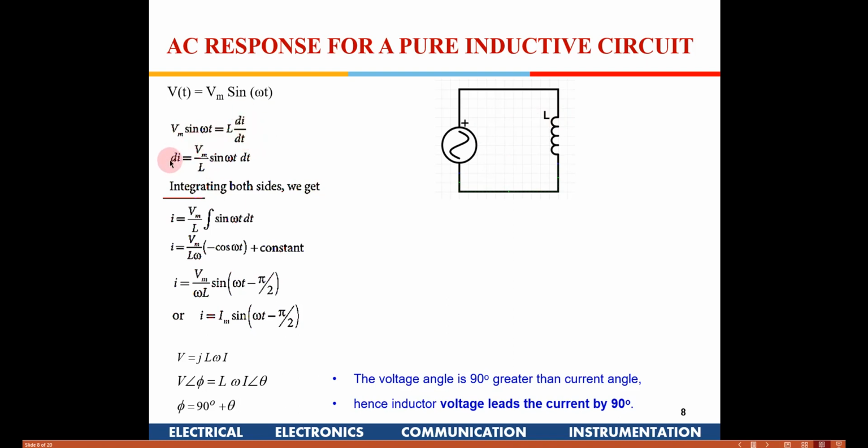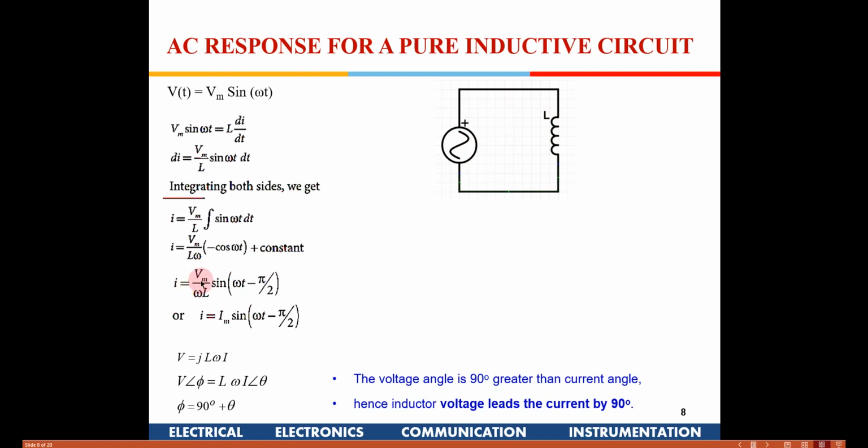So I take di to the left hand side and get Vm divided by L sin omega t dt. Now if I integrate it, I will get Vm divided by L, integral of sin omega t, which is minus cos omega t plus a constant. Since it is steady state, we don't have to take care of the initial conditions, so we forget about the constant for the time being.